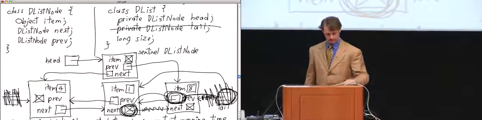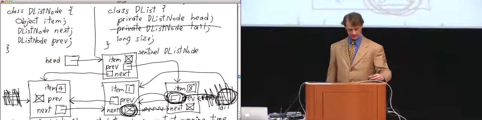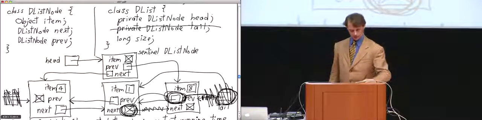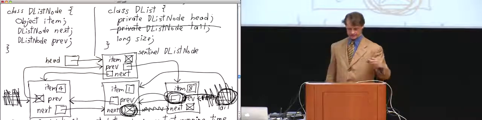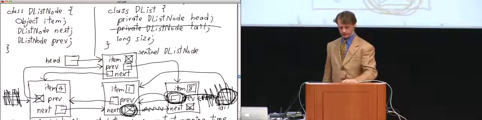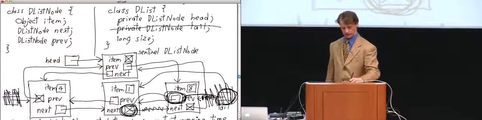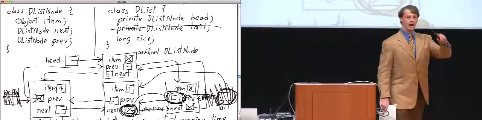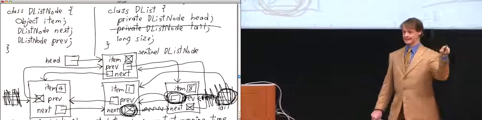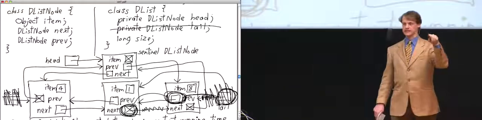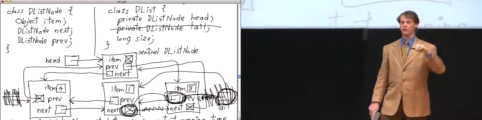And here's one thing that's interesting. The head node will have a previous field that points to the sentinel. The tail node will have a next field that points to the sentinel. So our list is circularly linked. There's a circle forward.